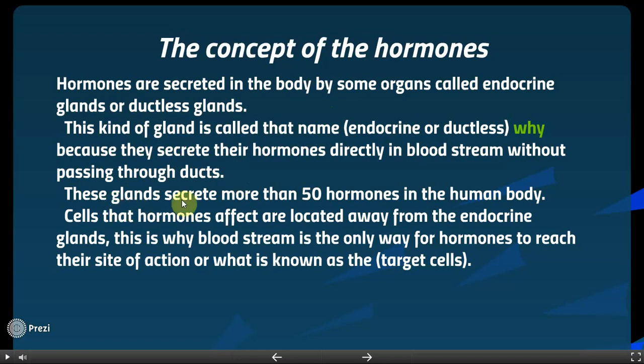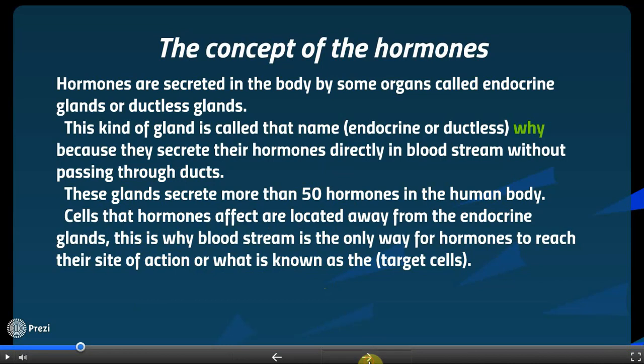As we explained before, these glands secrete more than 50 hormones in the human body, and the cells that hormones affect are located away from the endocrine glands. This is why the bloodstream is the only way for hormones to reach their sites of action, or what is known as the target cells.